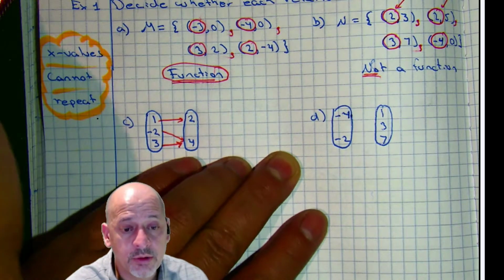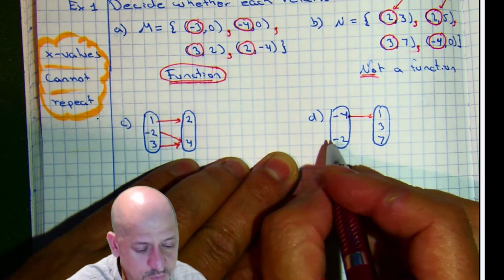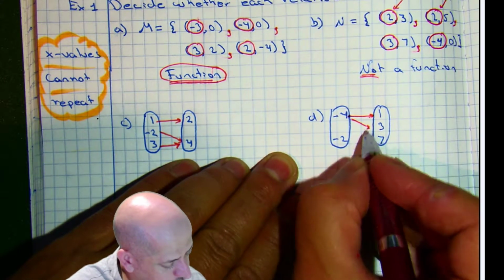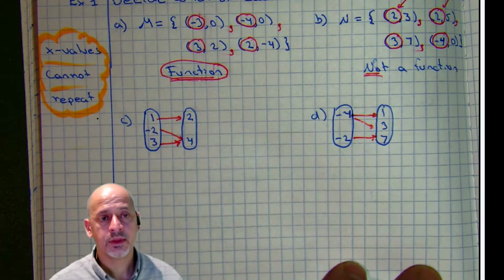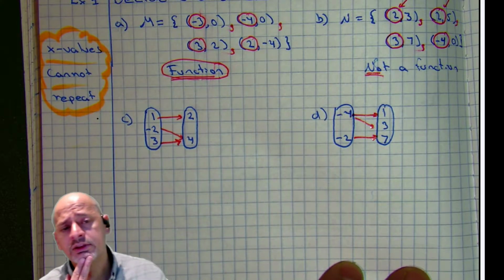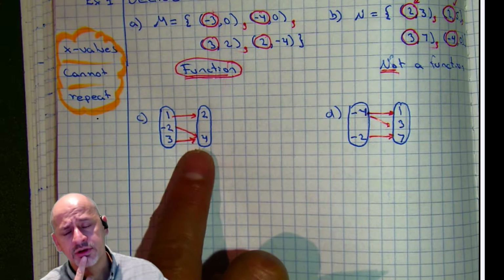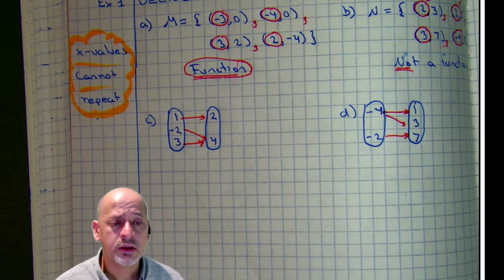And now I'm going to do my pairs: 1 and negative 4, 1 and negative 4, and 3, and 2 and negative 7. So those are the given problems. That will be something on your homework. And then you need to decide, is that a function? Yes or no? If you need more time, go and pause it so you can draw them.